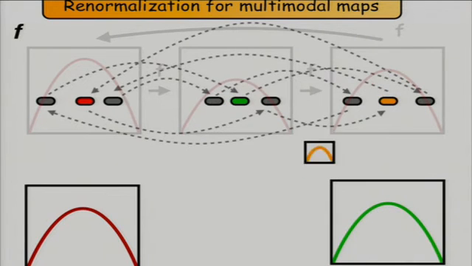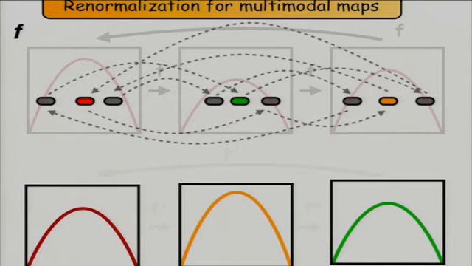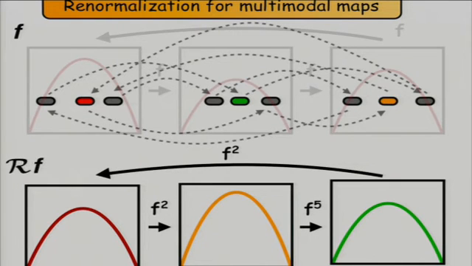I have 3 intervals, the orange, the red, and the green, and they are permuted by the dynamics. You take the second iteration in the red interval, you go to the orange one, and 5 iterations go to the green one, and after 2 iterations you go back to the red one. This is going to be the renormalization of this map. You just rescale these intervals to the original size, and you get a map of the same type. So that's the renormalization in this setting.